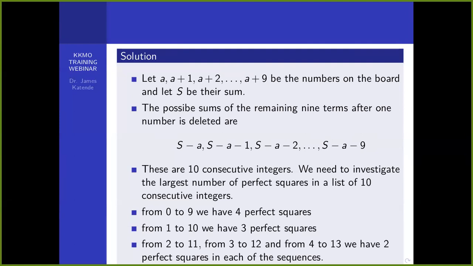We only have 2 perfect squares. So we can make some claim and try to prove it based on these experiments. So far, it looks like the largest number you can get is 4. So let's see if we can get anything bigger than 4. If you can figure that out, then our work is done.